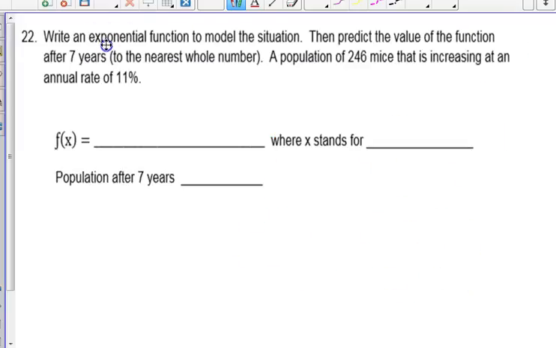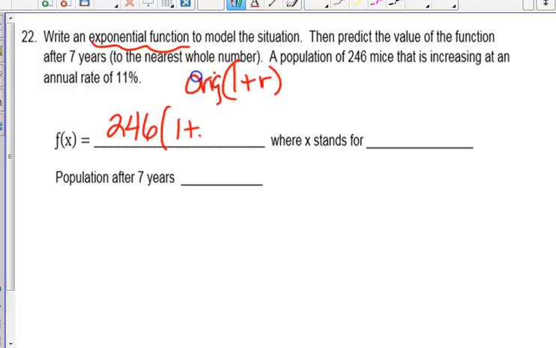All right, this is basic exponential growth. So it says we're starting with 246 mice. They are growing, it's 1 plus the growth rate times the original to the time. So it's 0.11 to the x, where x stands for years.